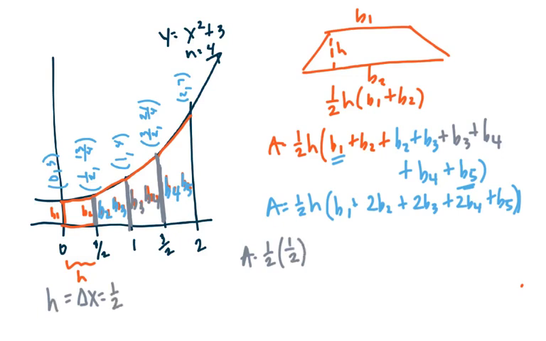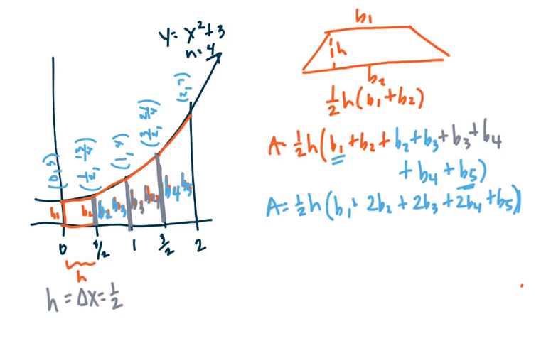By the way, the formula in your book, let me back up and do that. The formula in your book literally says delta x over 2. Let me tie this in for you.